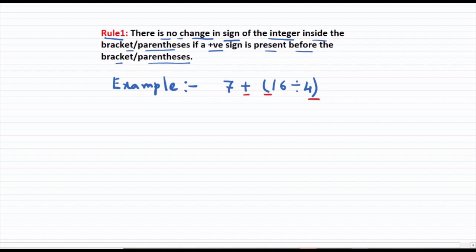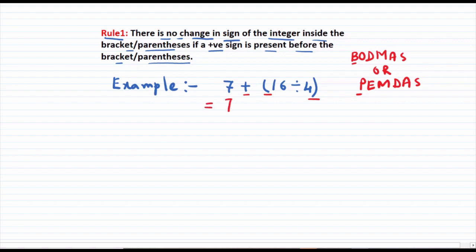So we can apply either BODMAS or PEMDAS. In both of them, the first one is bracket or parenthesis that should be operated. So here I can see inside the parenthesis a division operation is given.